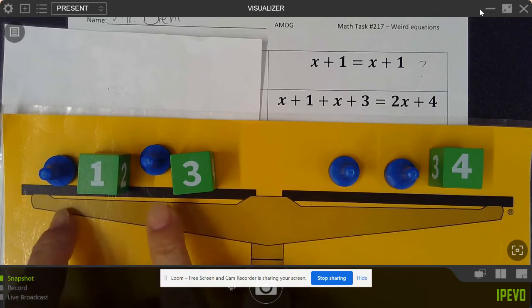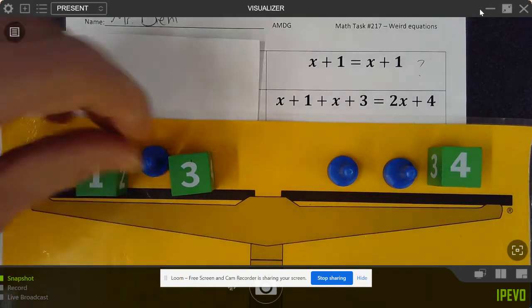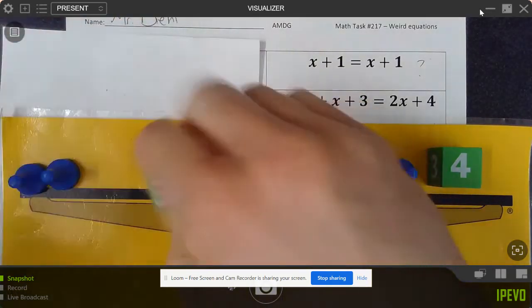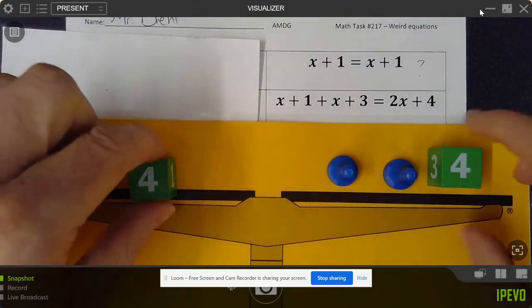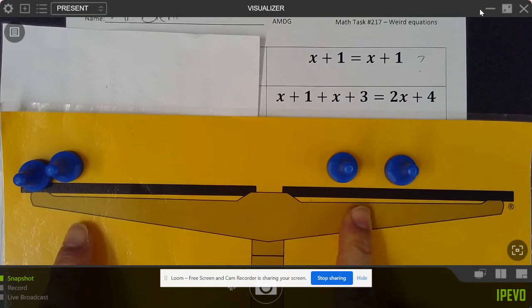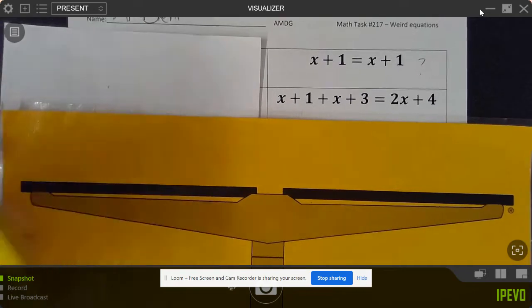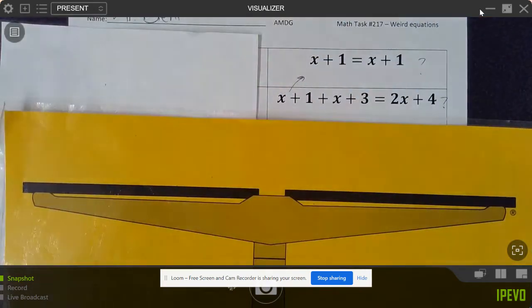Instead of x plus 1 plus x plus 3, how else could you write that? Well, you could also write it as 2x plus 4. And then if I took a 4 off of both sides, and then again, if I take 2x off of this side, 2x off of this side, everything is gone.